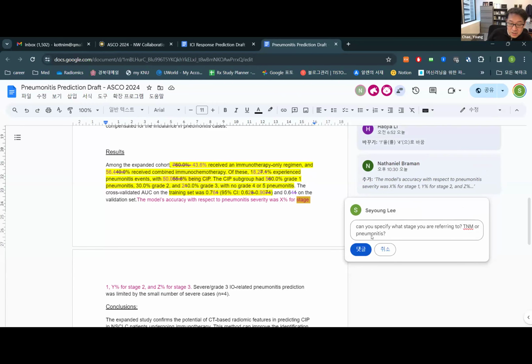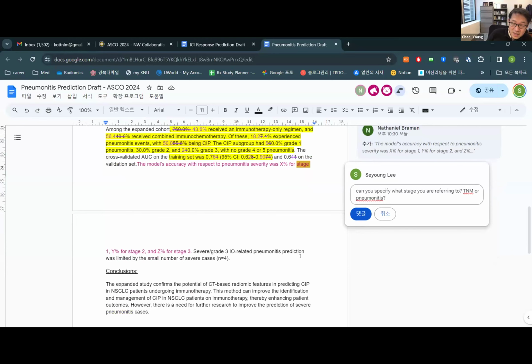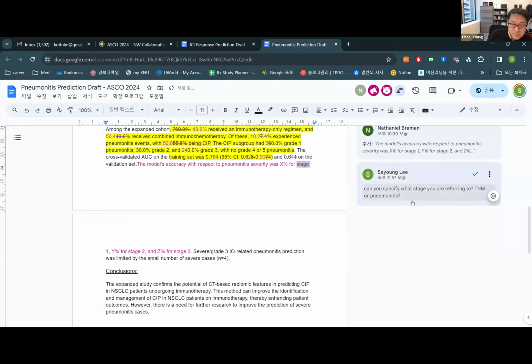Severe grade prediction was not possible because the sample size was too small. I understand that. So I don't know what Nate is trying to do there.